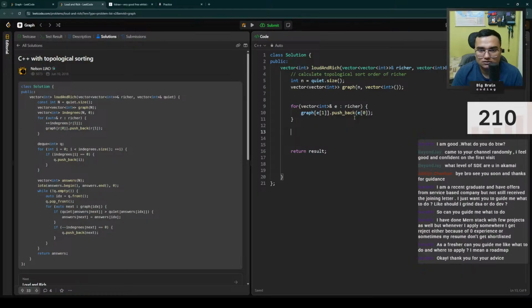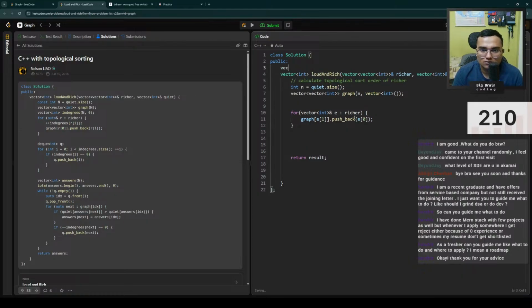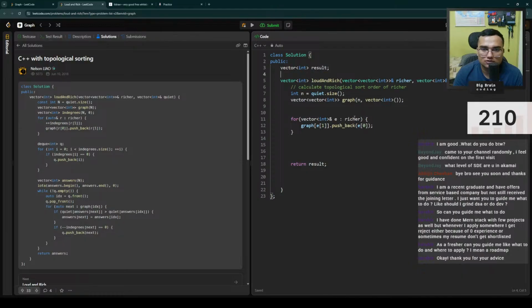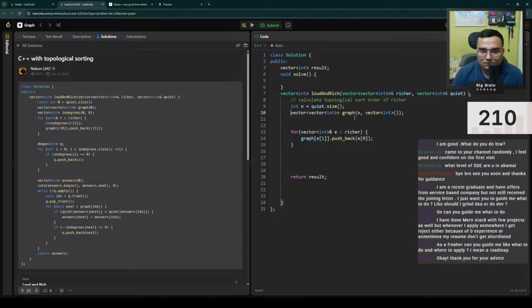Okay, so vector int result, void solve. We'll pass this graph. I think this will be my last question for the day. int current. Okay. We have to go to the next, right? And int we can do.